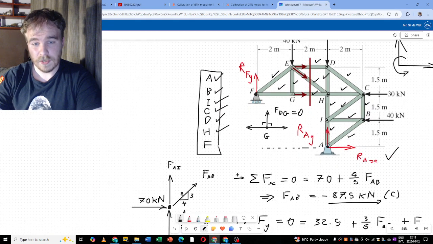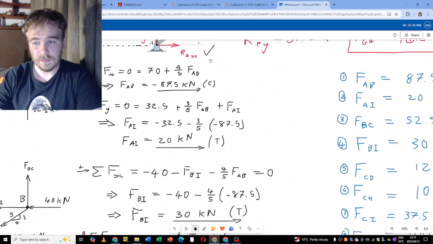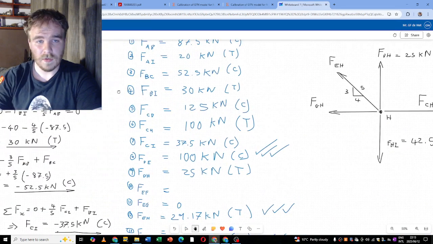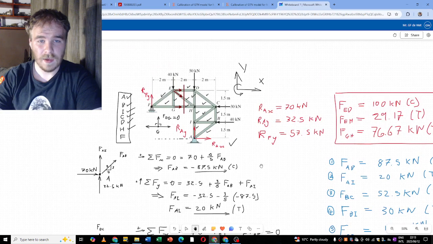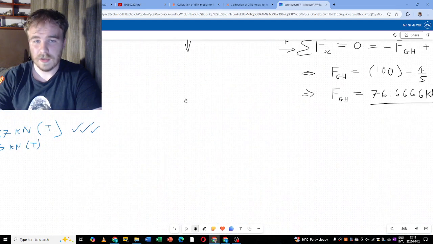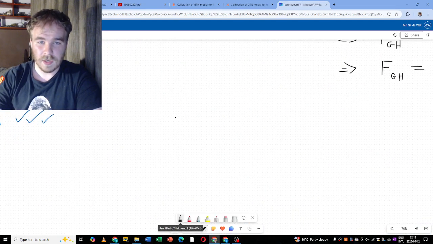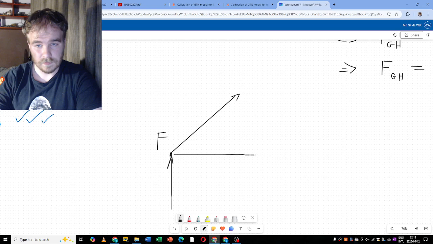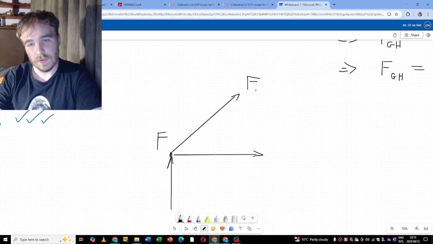So we have H now. And then we only have F to still go and calculate. And the free body diagram for that will look as follows. And this is the force FEF.